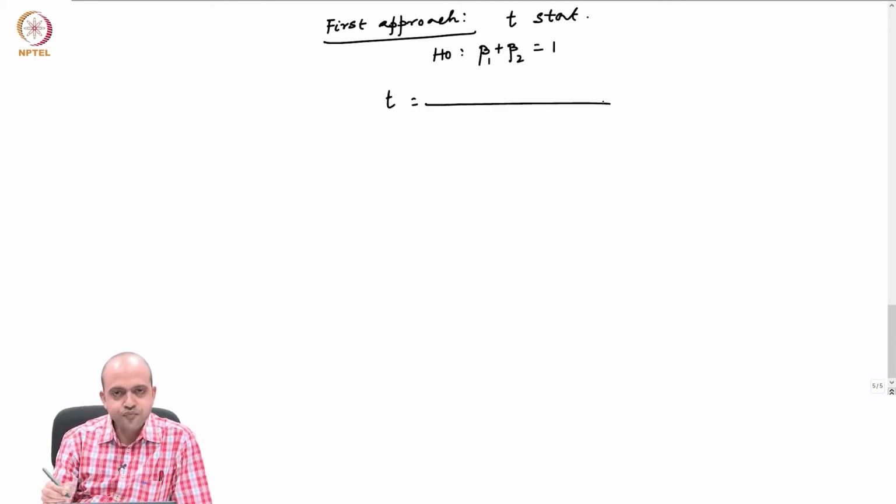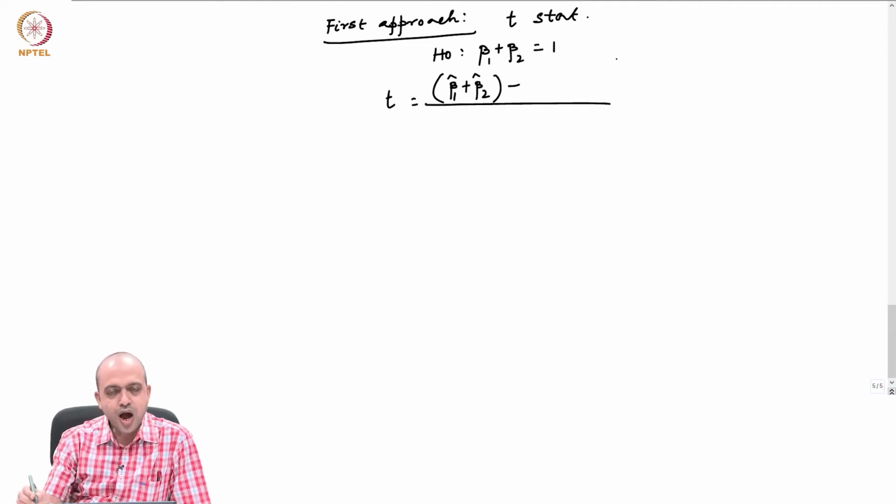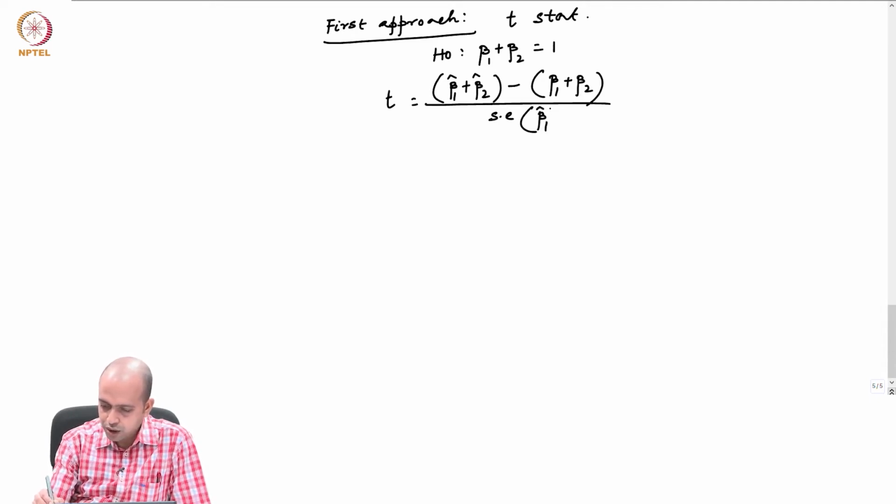It would be the estimated value of your population parameter, that means beta 1 hat plus beta 2 hat, minus the hypothesized value of the population parameter, divided by the standard error of beta 1 hat plus beta 2 hat.